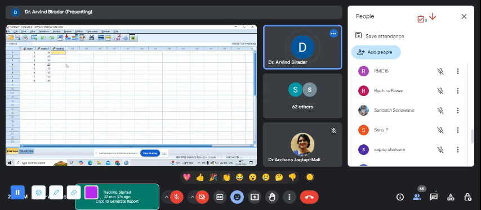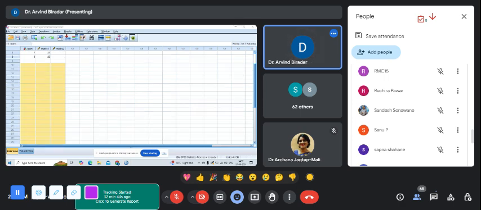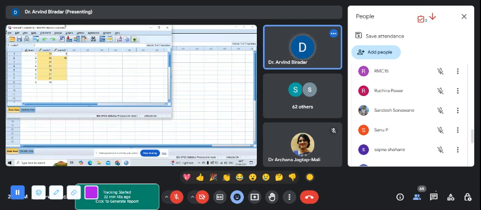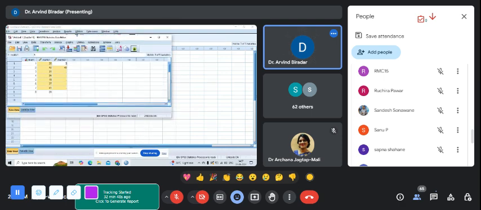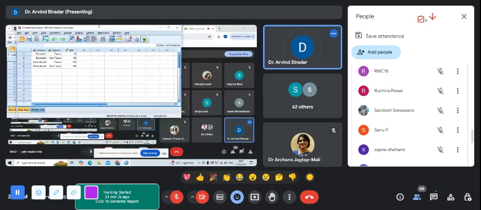Here is 31, 40, 30. Okay, third one is 40. Okay. What happens?